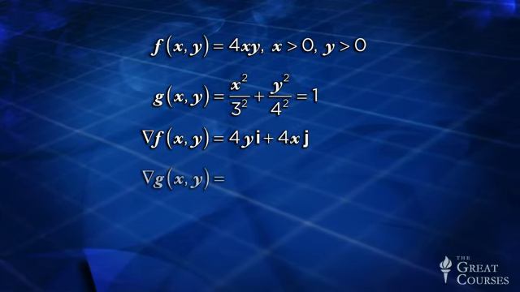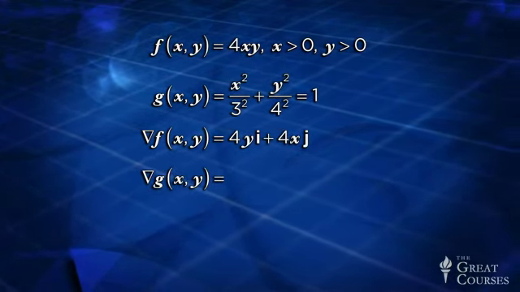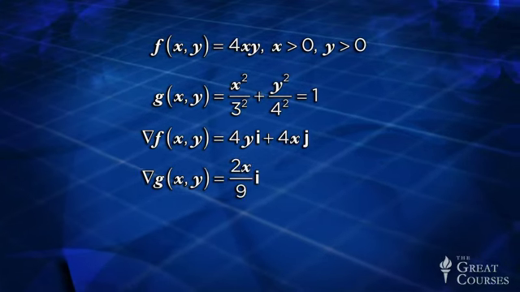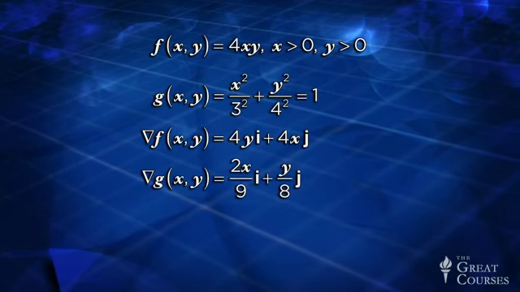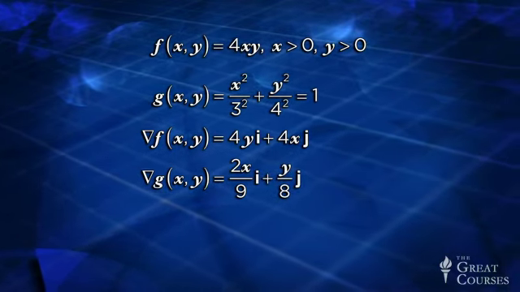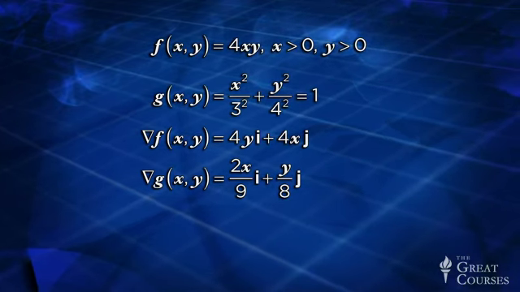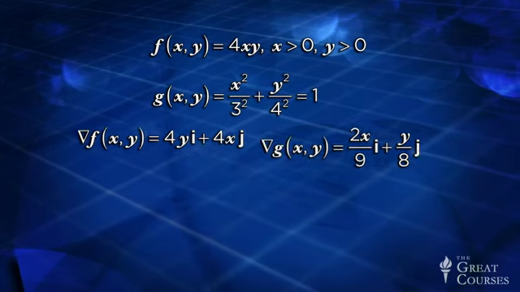Then I need the gradient of g. Well, I differentiate with respect to x and I get 2x over 9, and then with respect to y and I get y over 8. So the gradient of g is 2x over 9 i plus y over 8 j. So those are my two gradients.